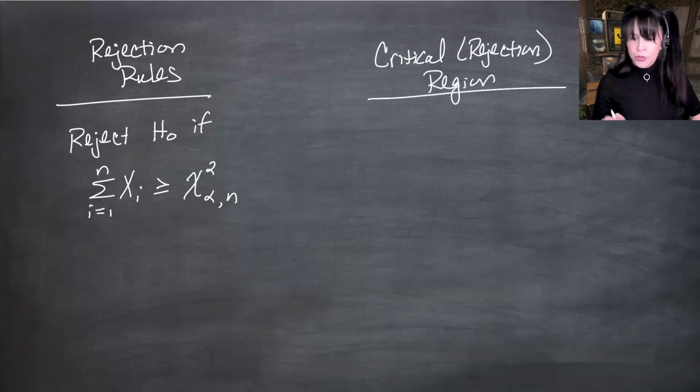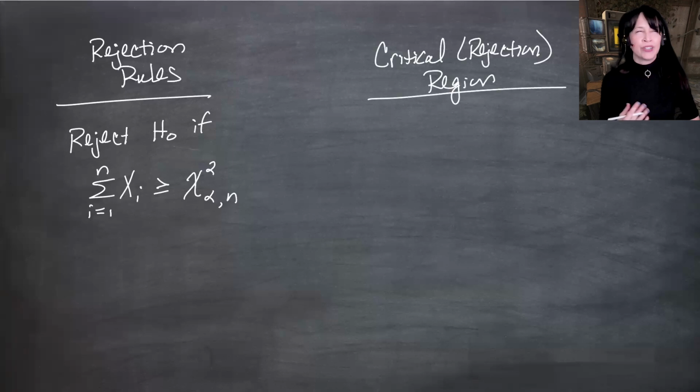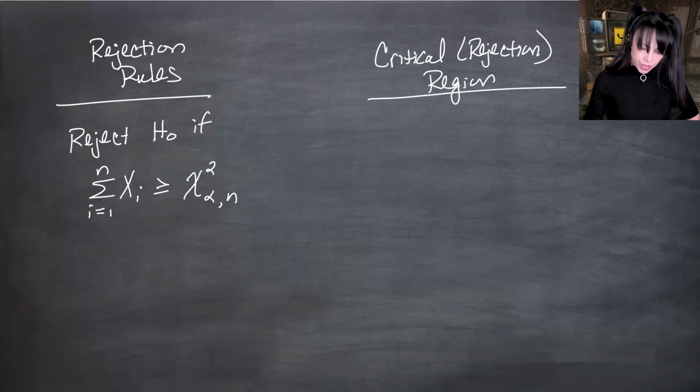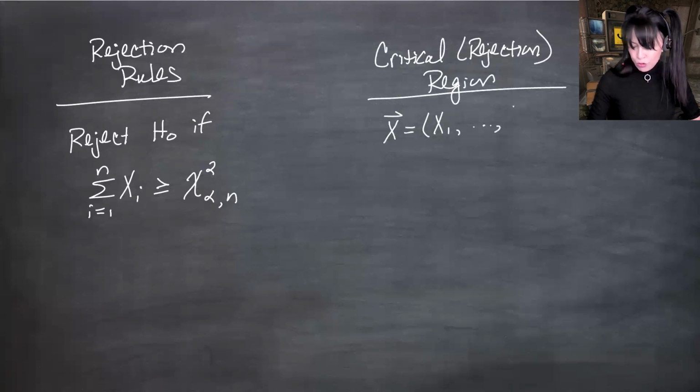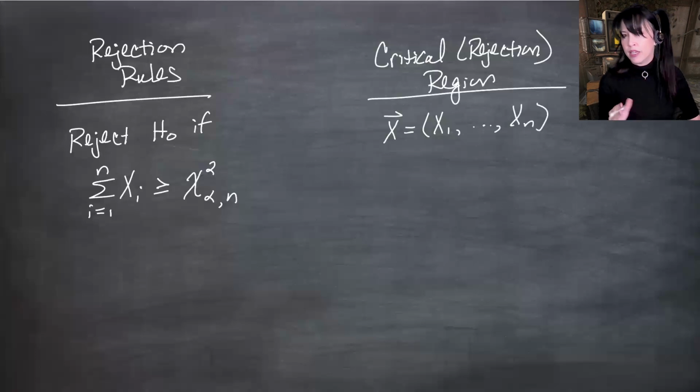Rejection region is used a lot more in a more data-oriented course, and critical region usually in more theoretical courses. But for a critical region or rejection region, we're going to use a vector, capital X, to denote the data. I'm writing it as a row vector. It's not important. We're not going to be doing matrix multiplication or anything.